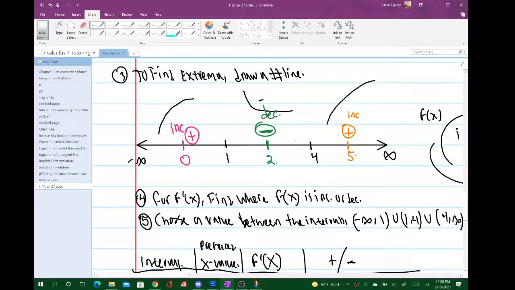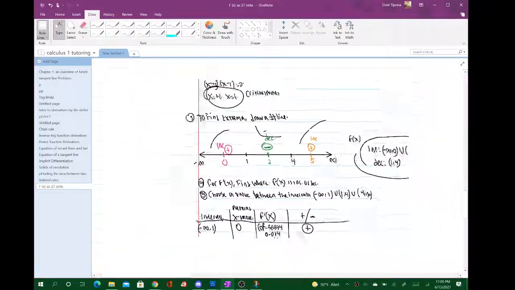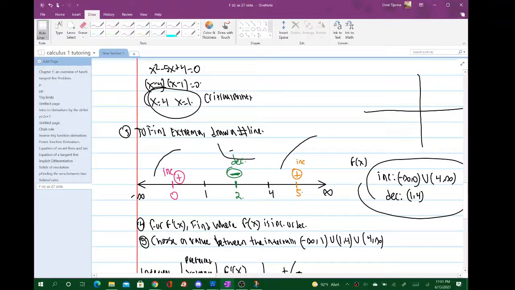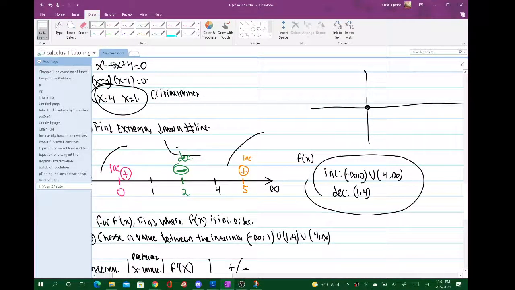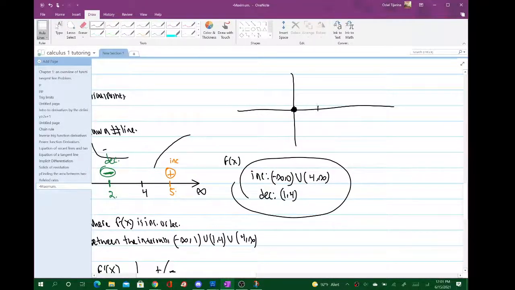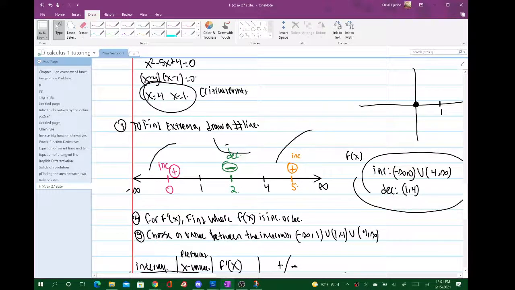So if I do a little sketch of this representation, from x equals 0 to x equals 1 to x equals 4, and then forward to infinity.